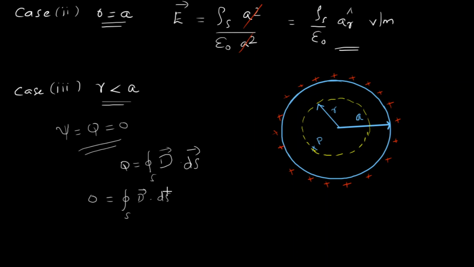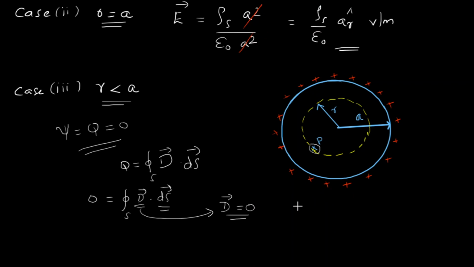Now, what does this tell you? This tells you that dS cannot be 0, because dS is some area. You have some point P here, you can consider an area around this point P. So dS cannot be 0. If this integral has to be 0, then this D vector should be 0. So mathematically, my D vector should be 0.